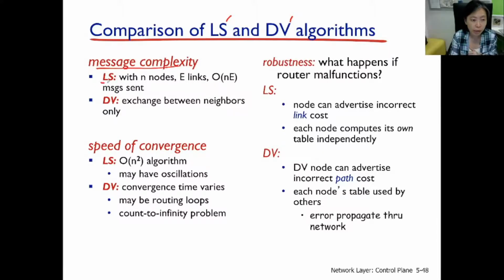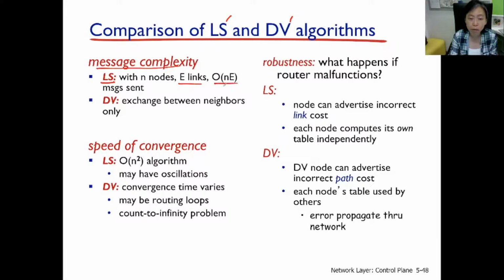If you recall in link state, each router needs to generate a link state report, and it gets broadcasted throughout the network. So each of these link state reports is going to travel all the links, and there are E of them. And there are n nodes, each generating these link state reports.